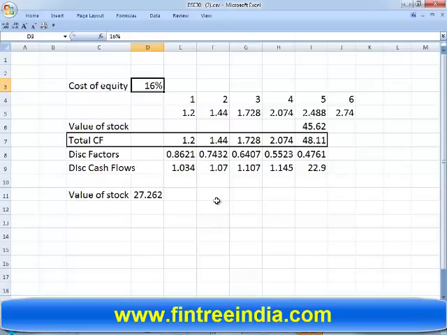So if I take 18%, then I think the answer should be close. So take 18% and find out how much. It should be 20.215. I have the answer. So take 18% now.